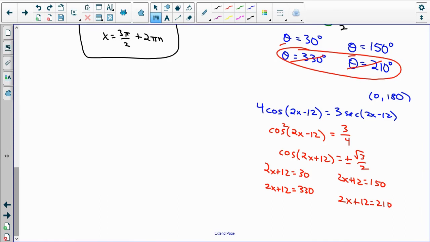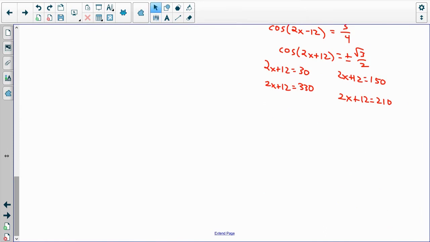I'm just replacing all these thetas with 2x plus 12. So if I solve all of these things, I get x equals 9 for the first one. For 2x plus 12 equals 150, I get 138 divided by 2, which means x equals 69.